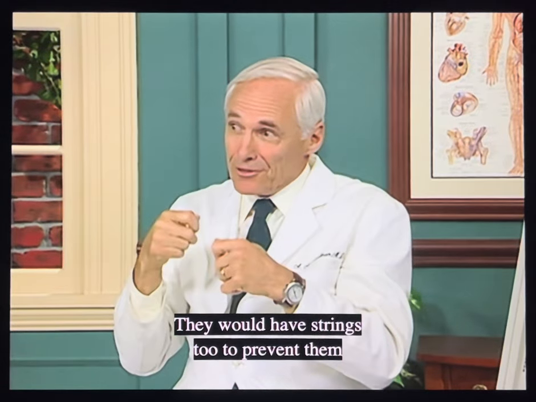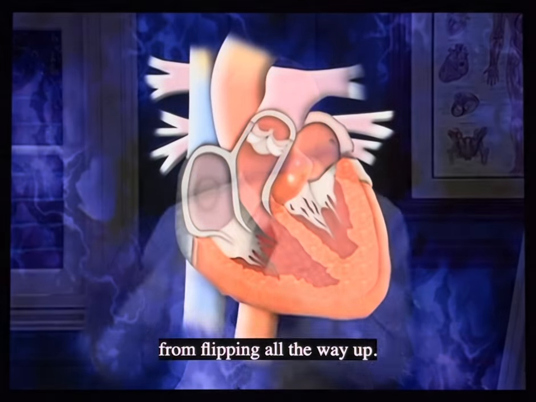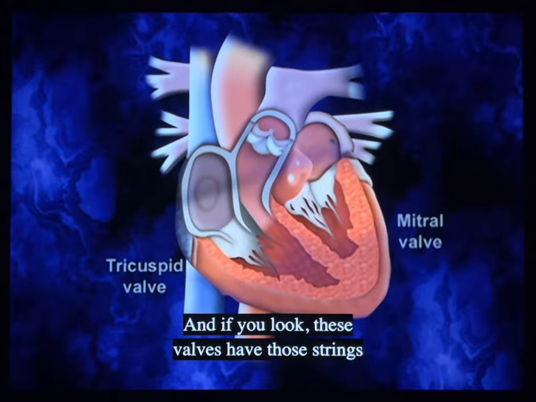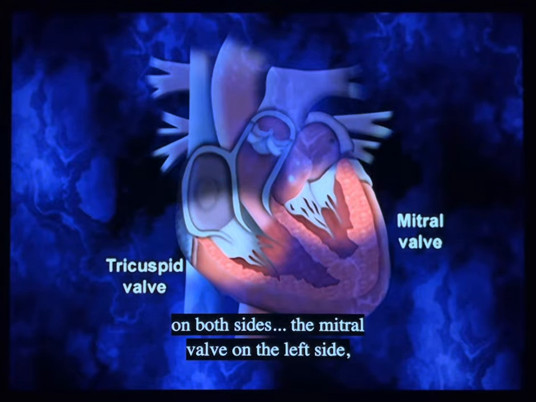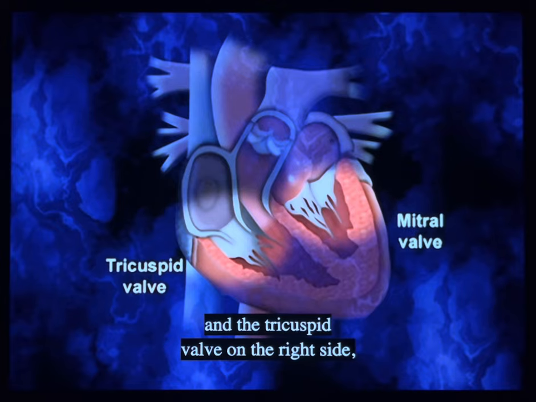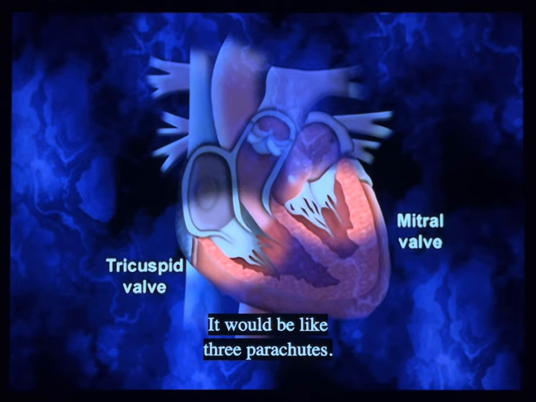They would have strings too, to prevent them from flipping all the way up. And if you look, these valves have those strings on both sides. The mitral valve on the left side and the tricuspid valve on the right side, because it has three leaves. It would be like three parachutes.